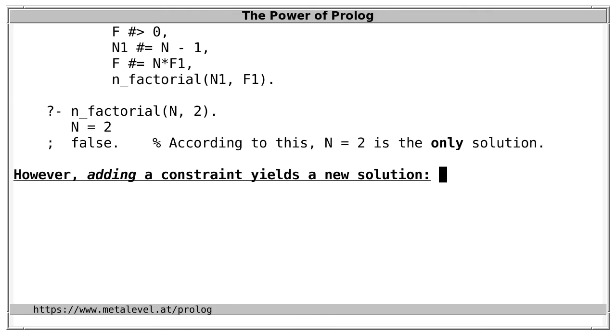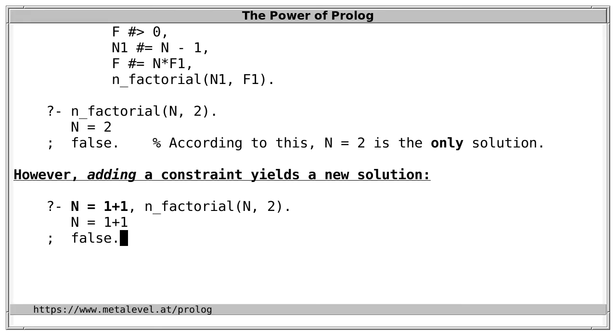However, adding a constraint yields a new solution, because if we state that n is the compound term 1 plus 1, so not an integer but a compound term, and then ask, is it the case that n factorial of n and 2 holds? We get, yes, this holds. And n is 1 plus 1 is the only solution. So that's a huge problem, because it means that we can't rely on what the program tells us. Who knows what other solutions there are too?